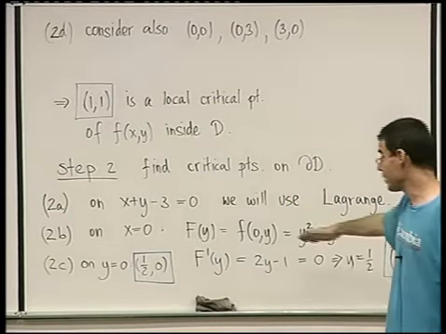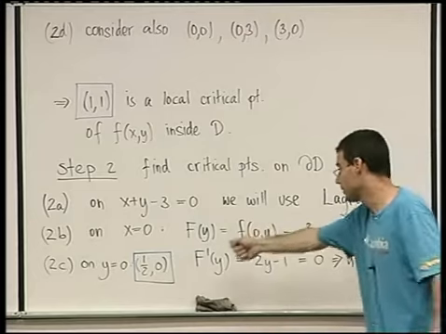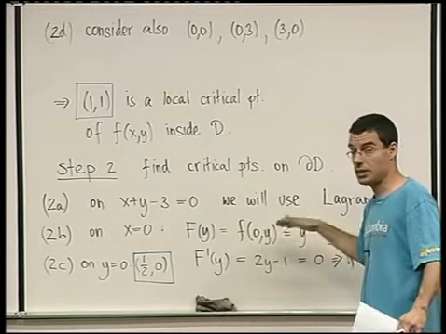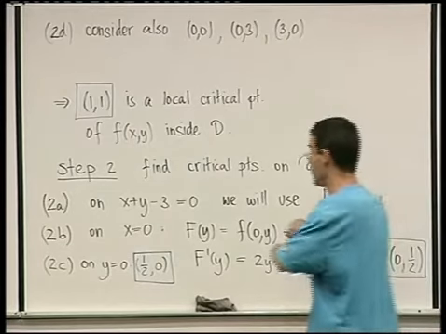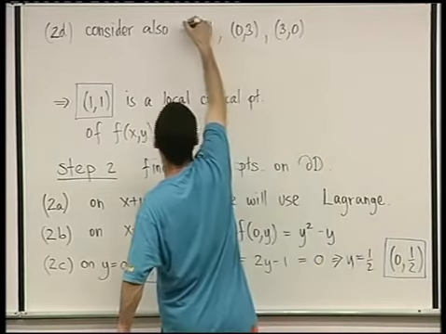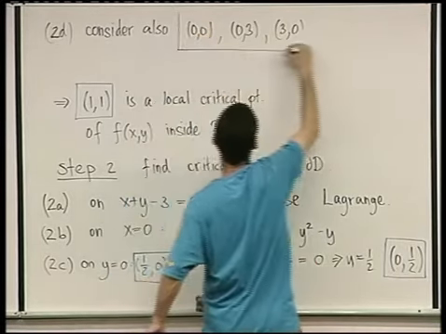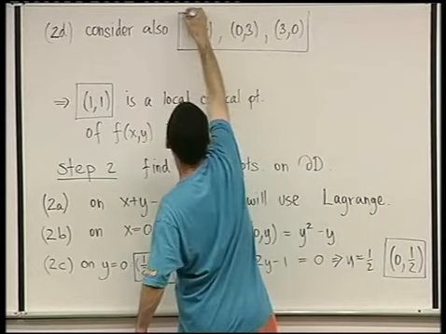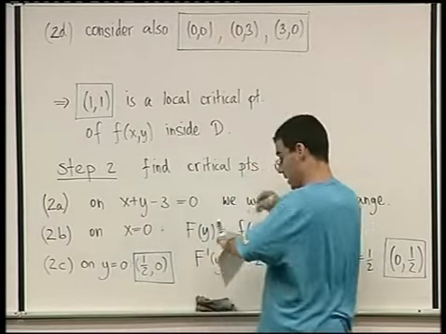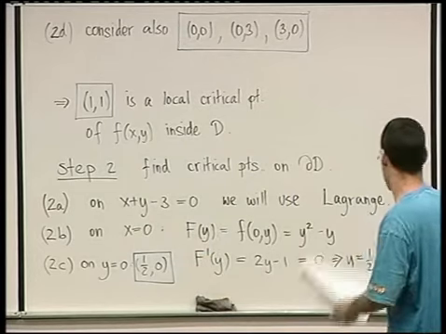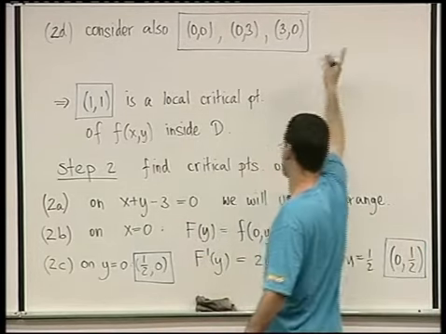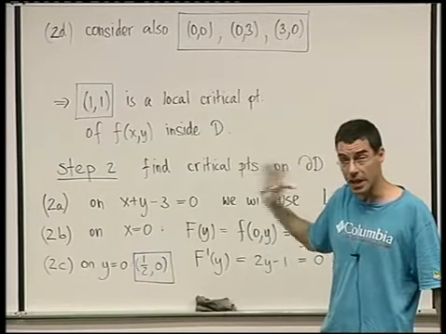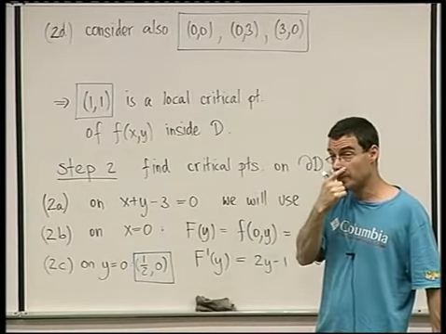Doesn't matter which way you do it, either by plugging the constraint into the function or using Lagrange multipliers. Either way, you have to consider these points. And we're going to see that indeed some of these are going to end up being the minima and maxima. Okay, so now we have a pool of what? We had 1 using Lagrange and then 1, 2, 3, 4, 5, 6. So we have 7 points altogether that we have to consider.